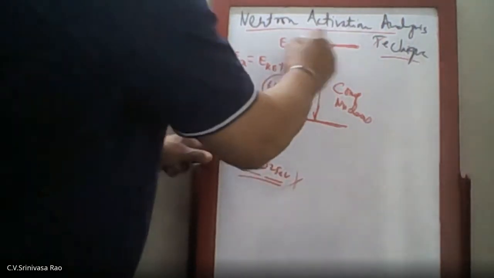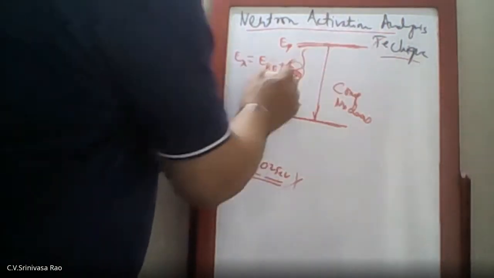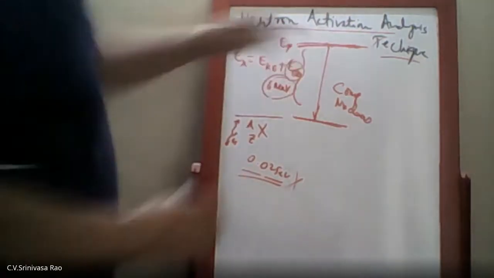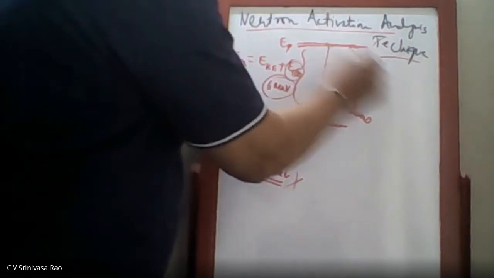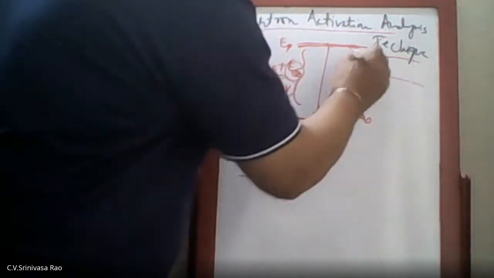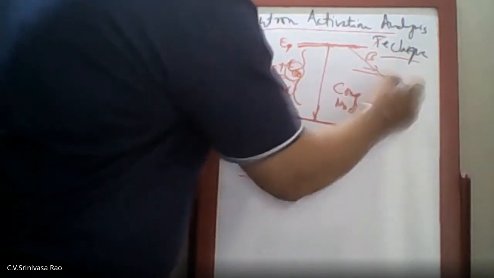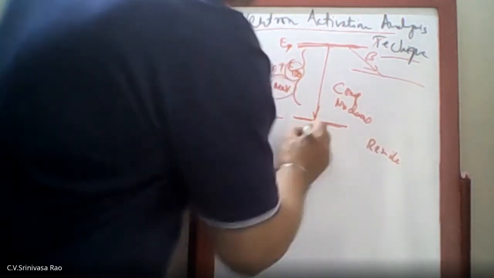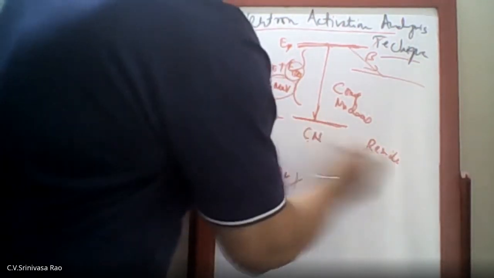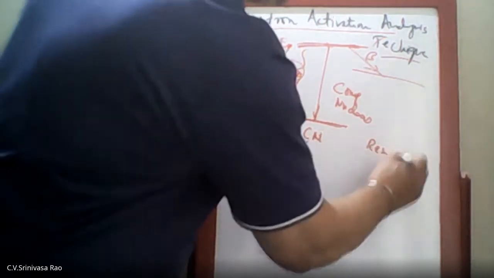So the excitation energy is now 6 MeV. Because it is an excited state, it will now emit beta and then come to a residual nucleus. This was the compound nucleus, and this is the residual nucleus, the ground state.